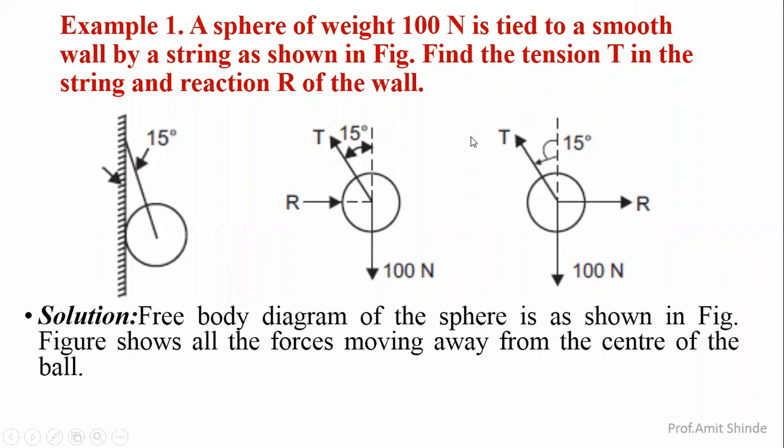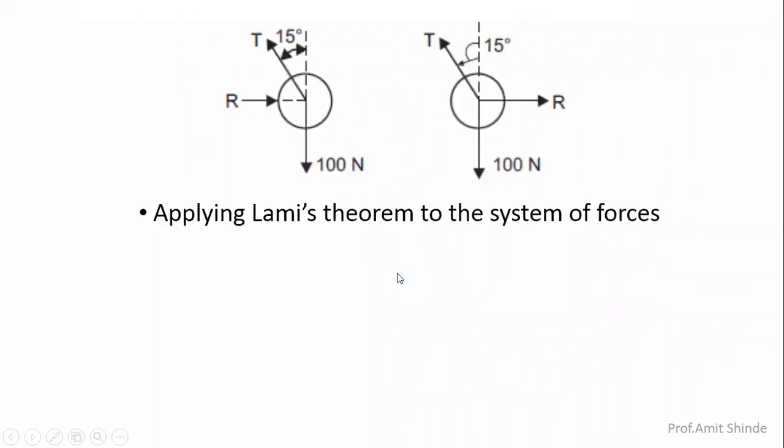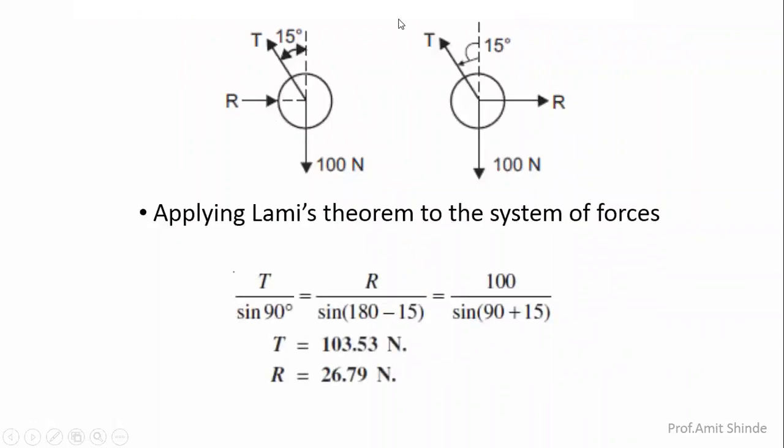Now let us apply Lami's theorem. According to Lami's theorem, this T force is proportional to the sine of the angle between the other two forces. From the geometry, it is seen that it makes an angle of 90 degrees.